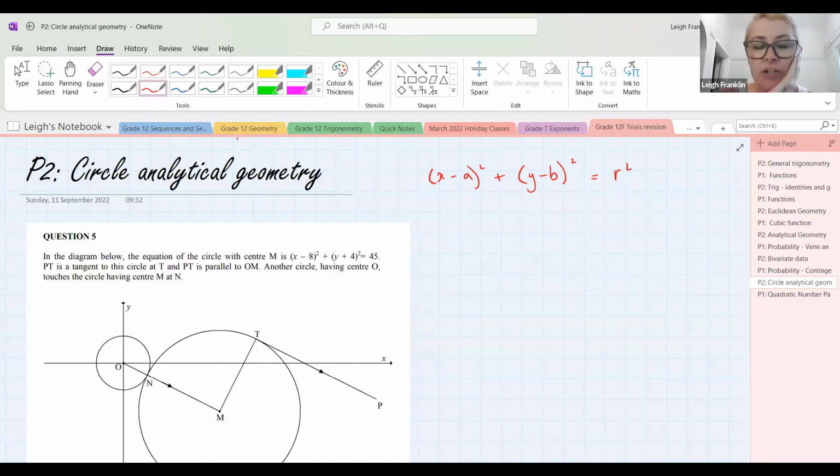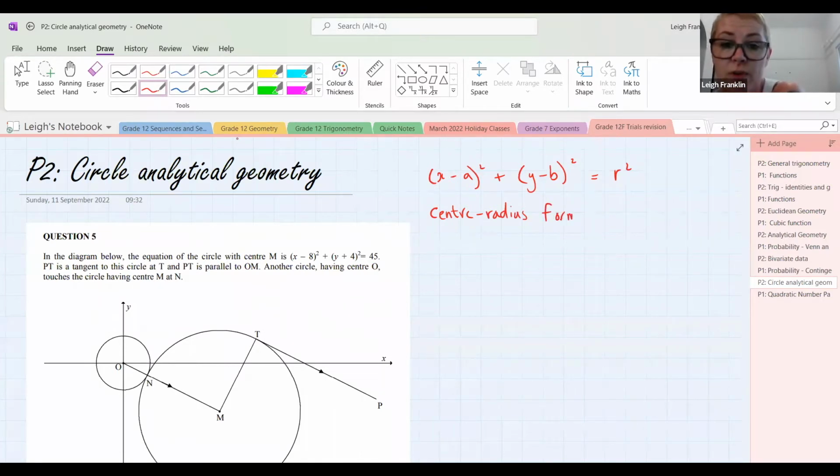If we take a and b and change their signs, that gives us the coordinates of the center of the circle. When they give it to us in this form, it is referred to as center-radius form, because from the way it's written we can read the coordinates of the center and also determine the length of the radius.